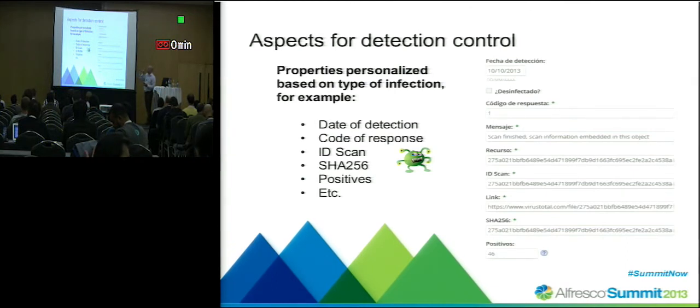But the use of a custom data model is a great option to classify the infections. Alfviral contains one general aspect and one aspect per class of detection, and this information includes the date of detection, code of response, and so on.